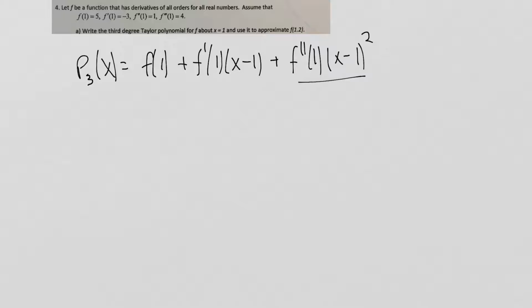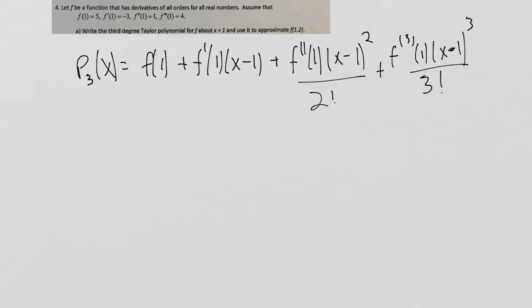squared all over 2 factorial plus f third derivative at 1 times x minus 1 cubed over 3 factorial.